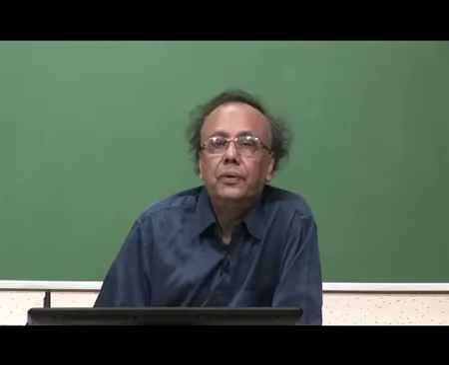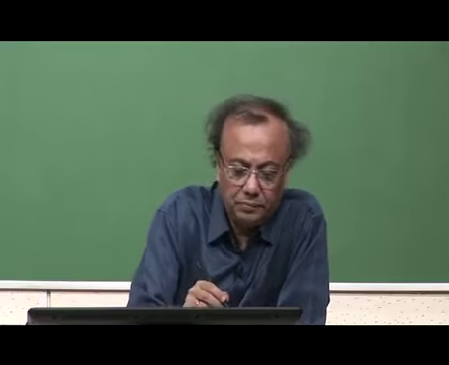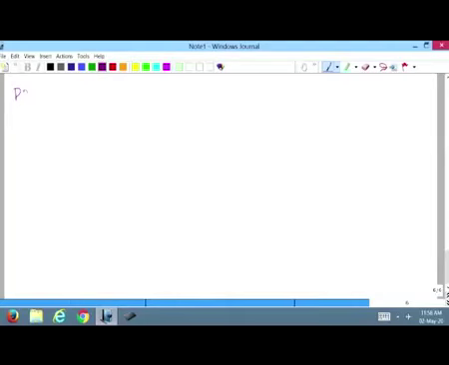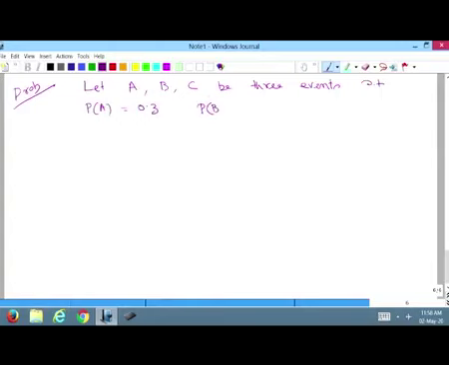Let us now do another problem. Let A, B, C be three events such that probability of A is equal to 0.3, probability of B is equal to 0.4, probability of C is equal to 0.8.